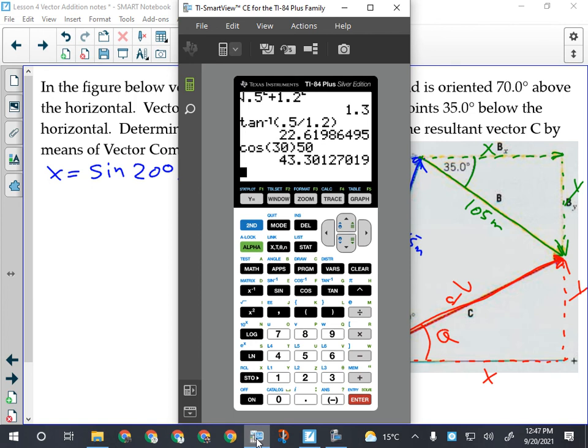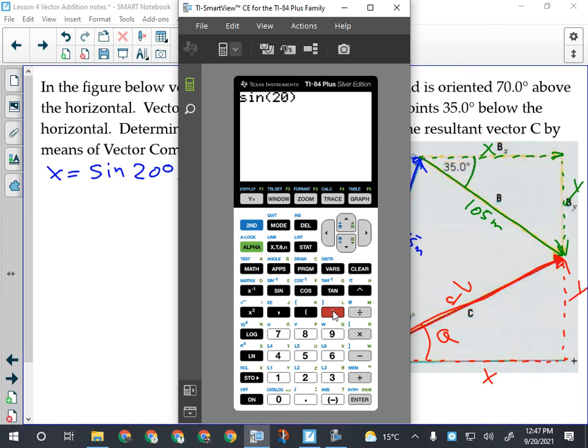So really make sure that your calculator's in degree mode. Hit the mode button. Check it. If you don't know how to do that, go sine of 90. If it doesn't come out to 1, it's not in degree mode. All right. So I need to calculate what x is by going sine of 20 degrees times 145.